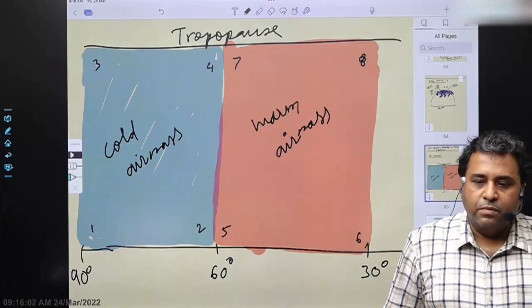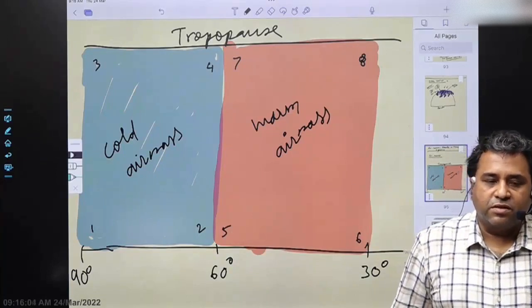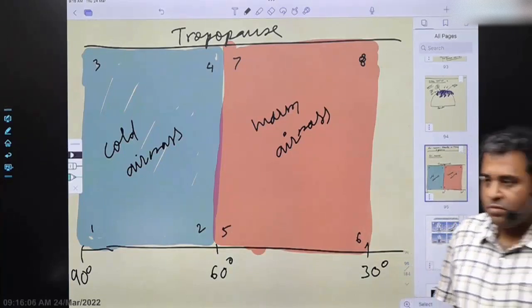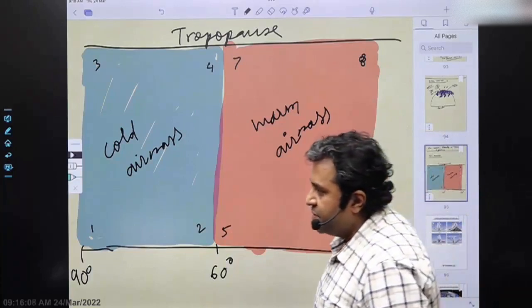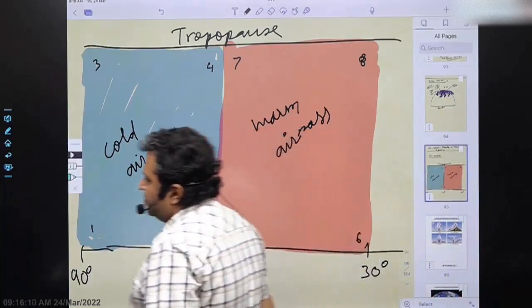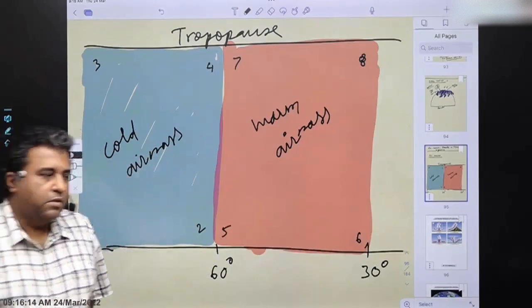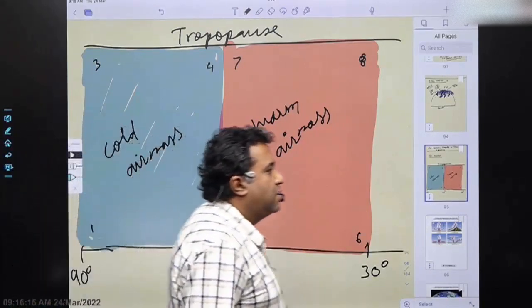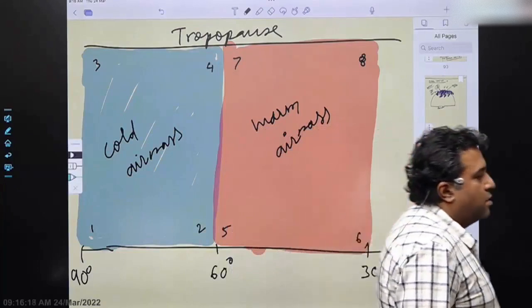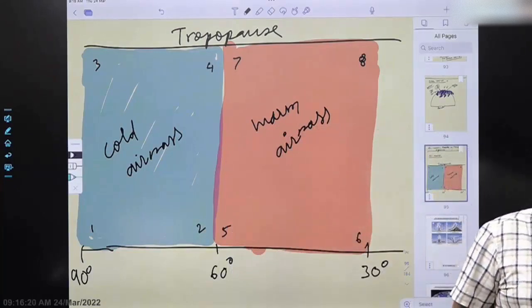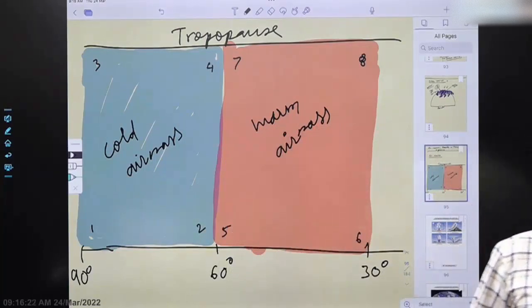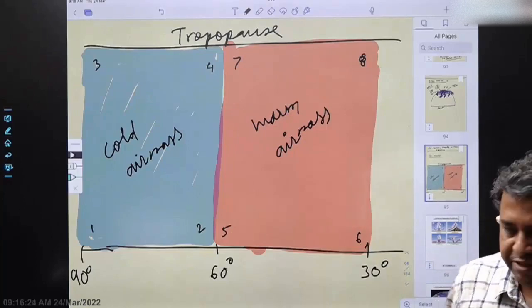Full stop. With change in altitude, for example, with increase in height, the temperature will also change.